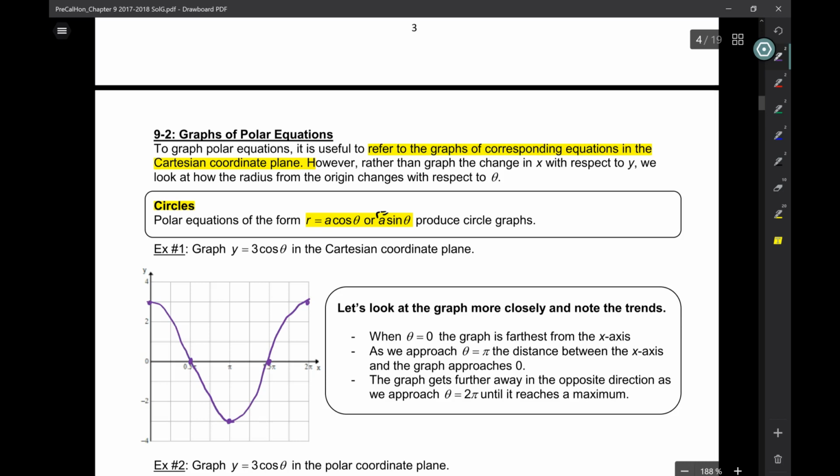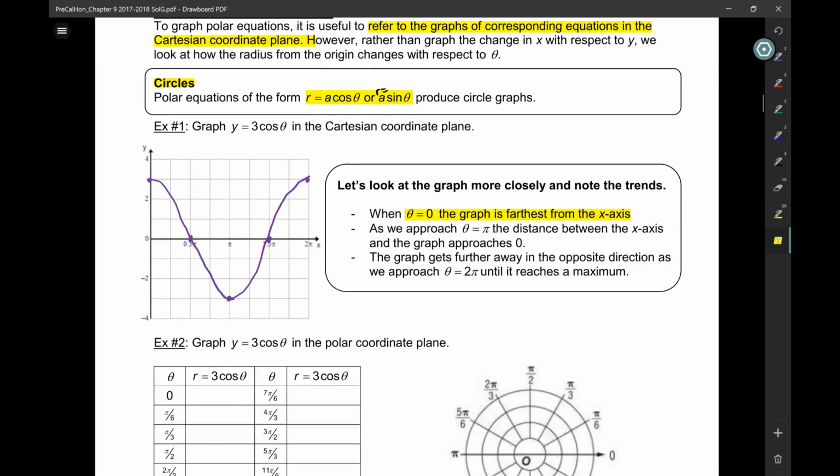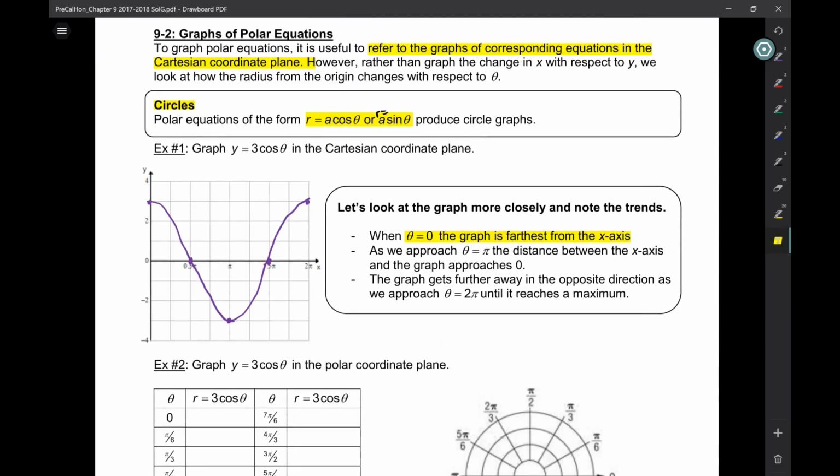Let's just stop and think about what's happening here. When theta is 0, the graph is farthest from the x-axis. It's got a distance of 3. As we approach theta equals pi over 2, the distance between the x-axis and the graph approaches 0.